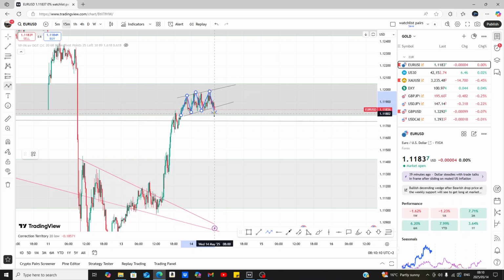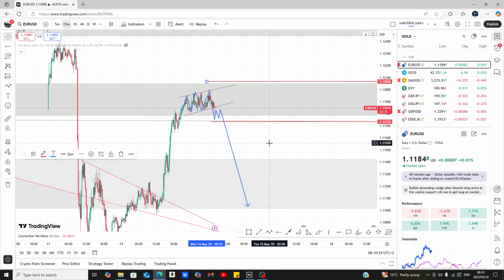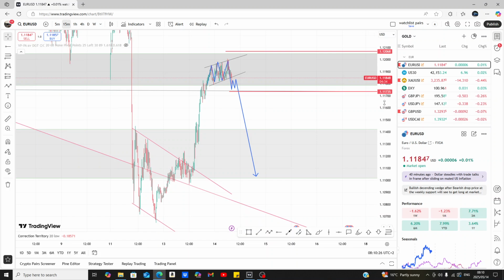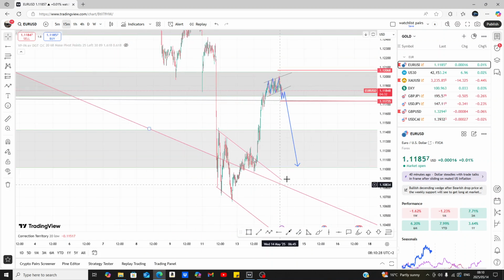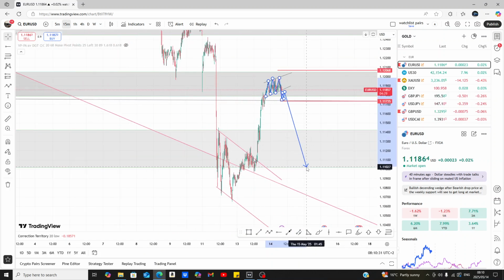It's very possible that price breaks out of the structure, gives some sort of lower time frame correction, which we will then place our sell stops right underneath the structure and our stop loss right above the structure to confirm a possible short entry to the downside to test this previous key structure.